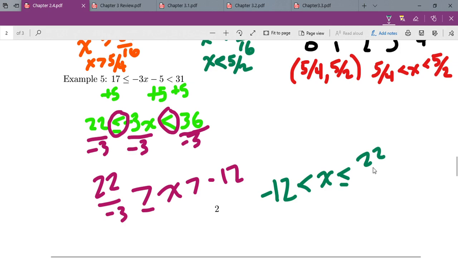Now, don't forget your negatives when you switch stuff around.